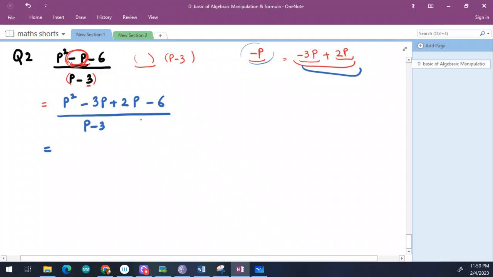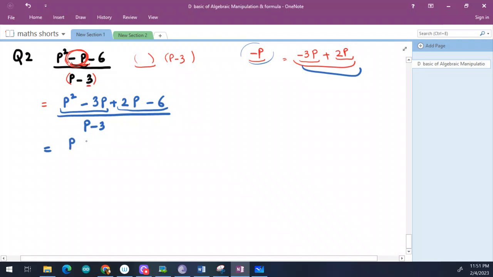So you can see what the next step is. We are going to make pairs. This will become a pair and this will become a pair, and we take common factors from each pair. What should be common in this pair? The p is common.